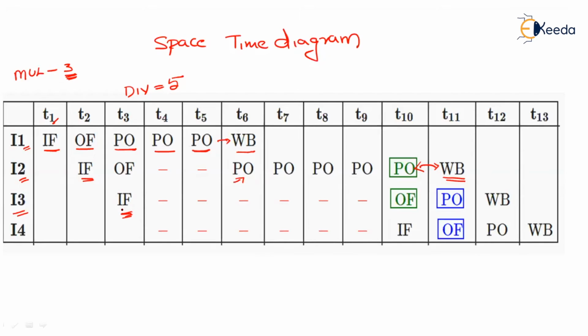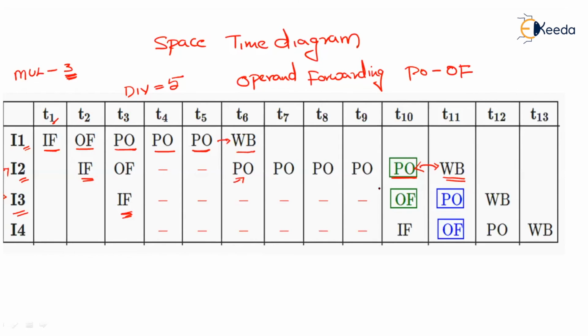But I3's operand is dependent on I2, right? Unless I2 produces an operand, I3 cannot take it. I2 is going to produce an operand at the end of the perform the operation stage. With the operand forwarding technique, the forwarding will be from perform the operation directly to OF.